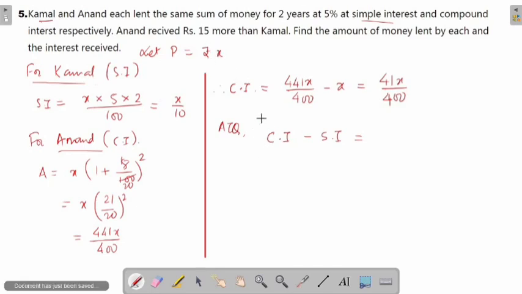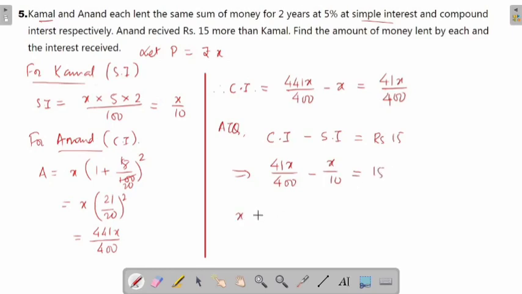So the compound interest minus simple interest is given to be rupees 15, right? Now let's put the values. Compound interest is 41x by 400 minus simple interest, which is x by 10, and this is equal to 15.